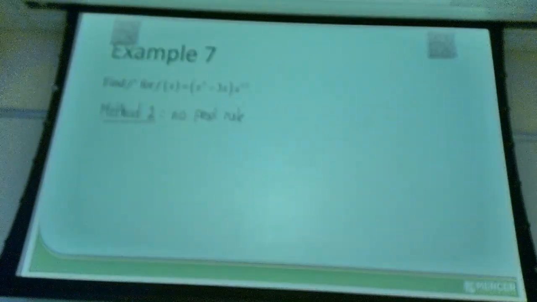Second method. I don't want to use product. You should just distribute that x to the 1/2 through right away. What happens when you distribute x to the half into x squared? Minus 3 what?